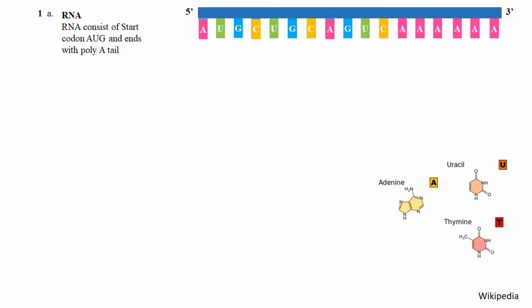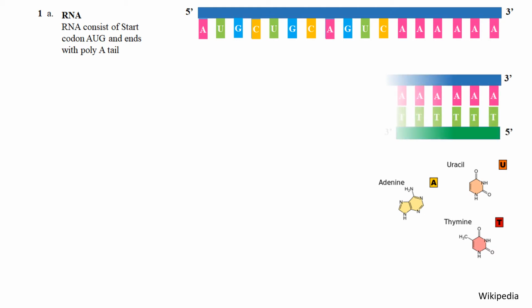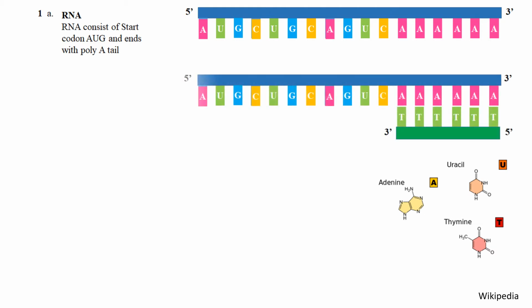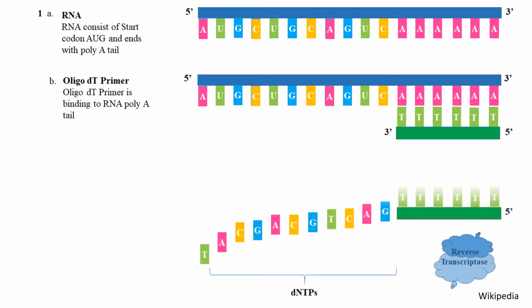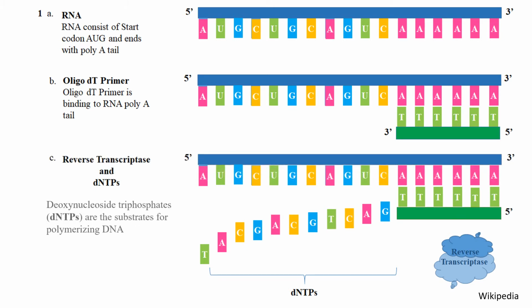That needs thymine. And because we have a poly A tail, we just add a lot of thymine, and that's the first step. We start producing a DNA strand that's going to be complementary to the messenger RNA. When we create this poly T tail, then we can add the other dNTPs with a reverse transcriptase.